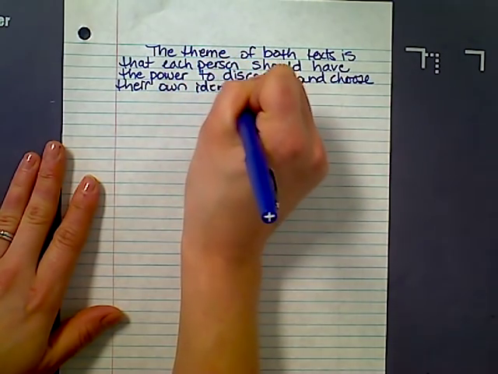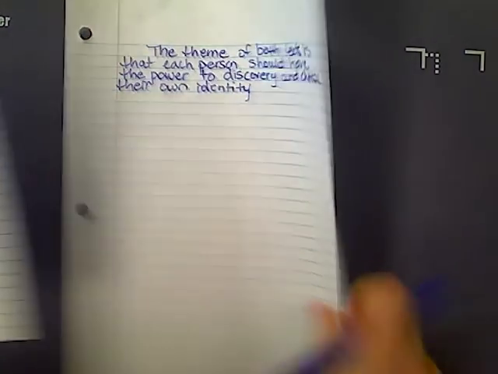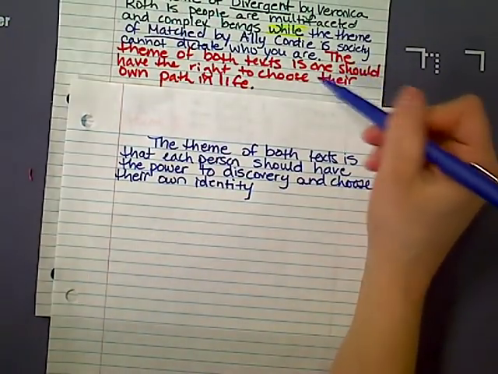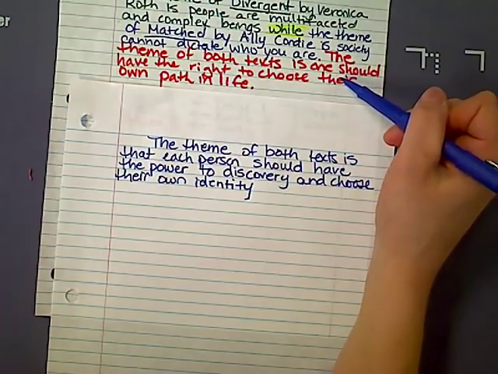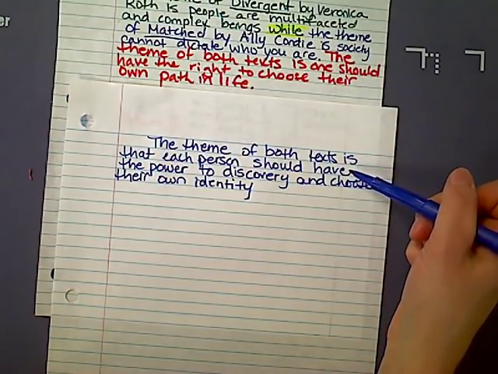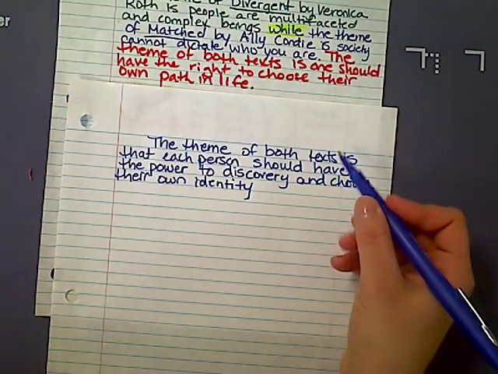Now notice that I reworded that differently. Here was my original third point: the theme of both texts is one should have the right to choose their own path in life. And now here's my third point. Still means the same thing. I just kind of worded it a little bit differently, so I'm not stating it exactly the same.